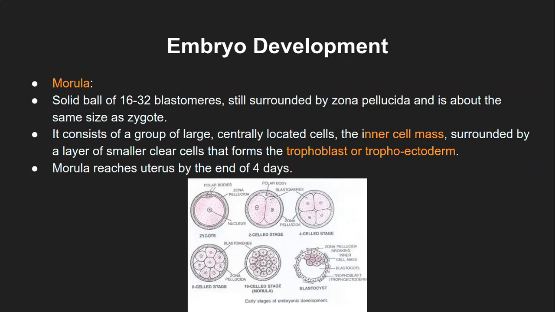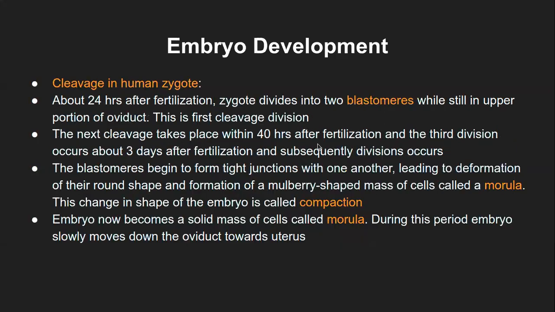So a maximum of 4 to 5 mitotic cell divisions will give rise to the morula stage, and that may last up to 3 to 4 days. Usually by the end of the 3 days the morula should be formed. That is the stage we are talking about, about 3 days after fertilization.